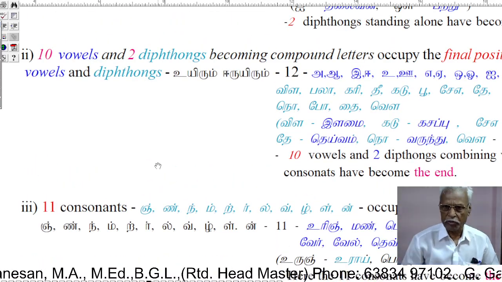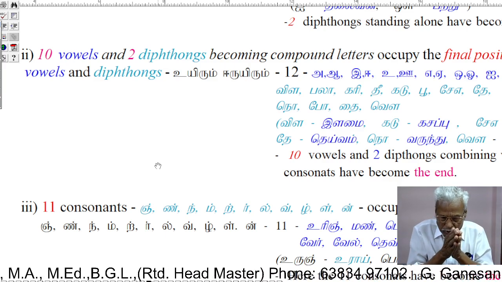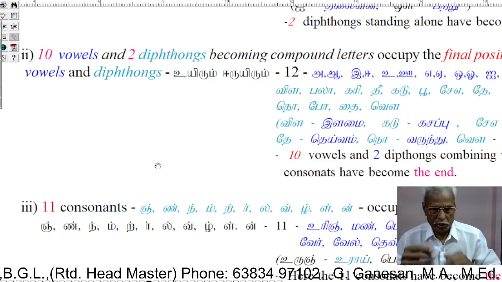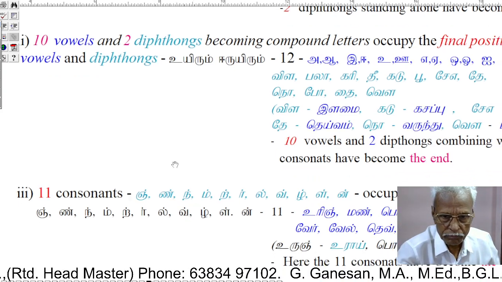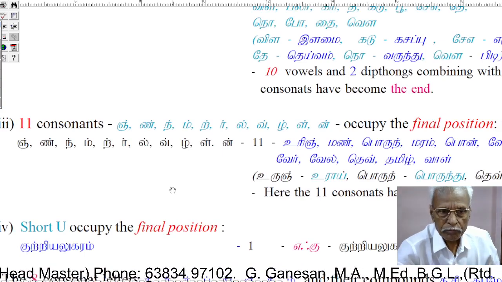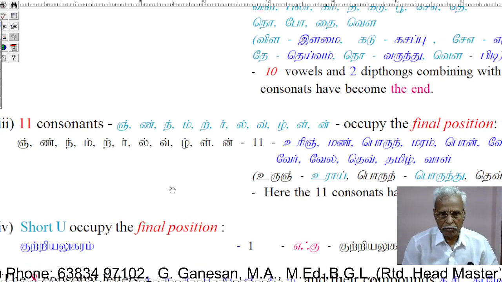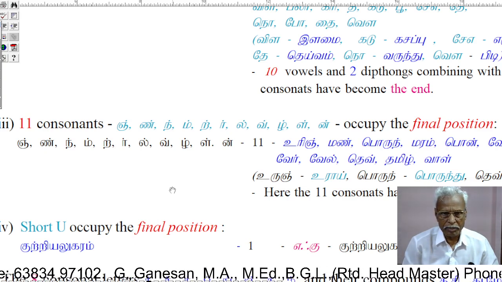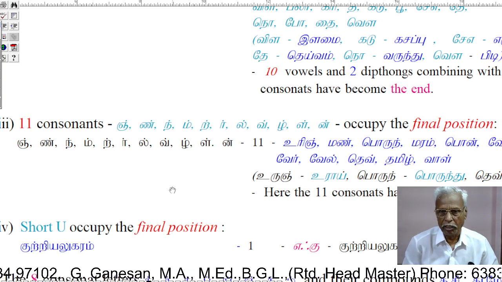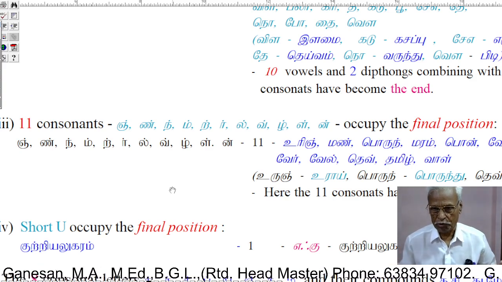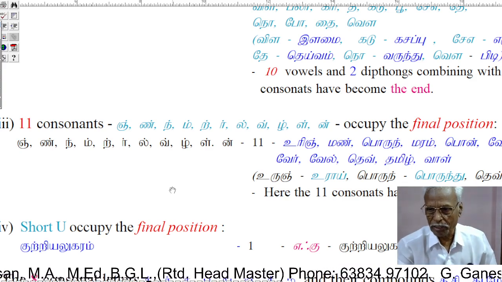Here we are going to see how the 11 consonants occupy the final position in a word. In, im, in could occupy the final position in a word. See the examples.